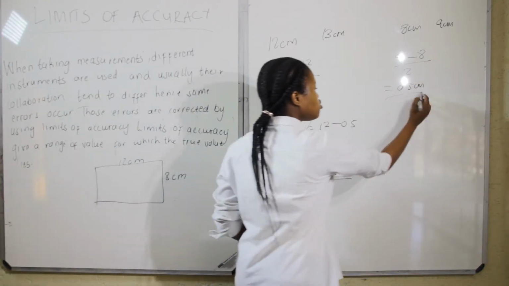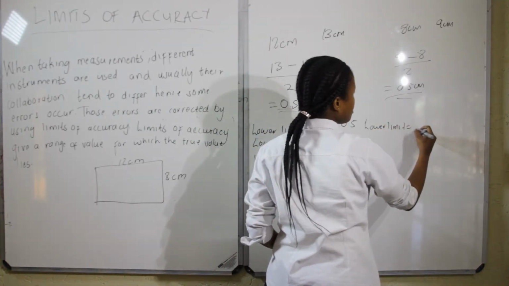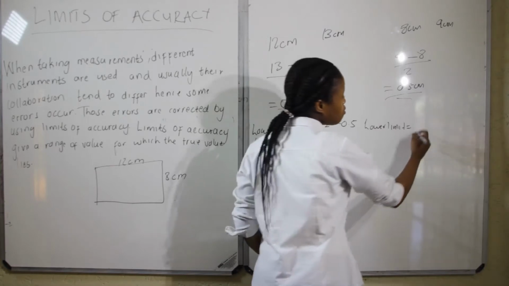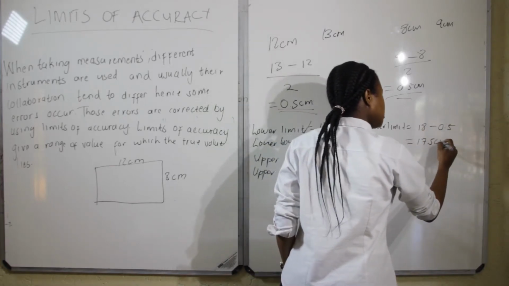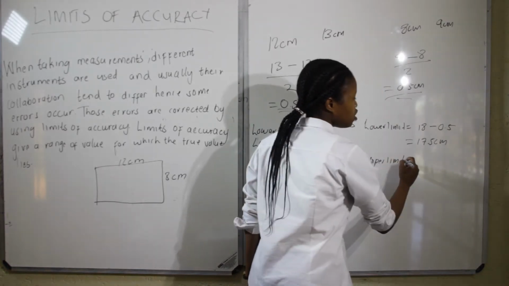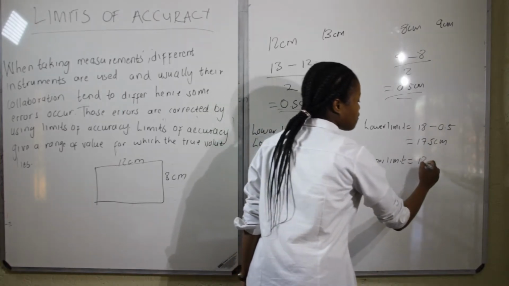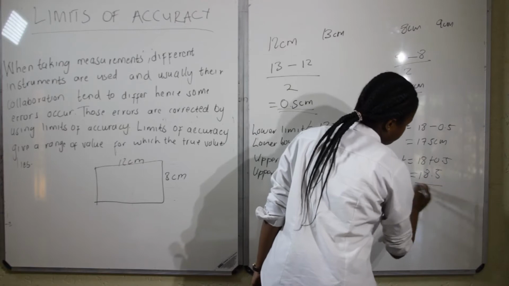The lower limit, what did we say we do? The lower limit or the lower bound, you take the original value minus 0.5, which will give you 7.5 centimeters. And the upper limit, you're going to add the 0.5. 8 plus 0.5 is going to give you 8.5.